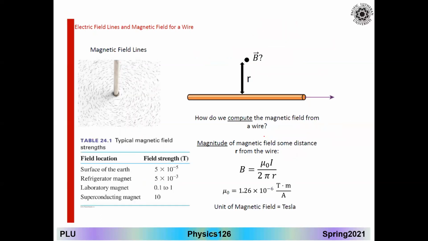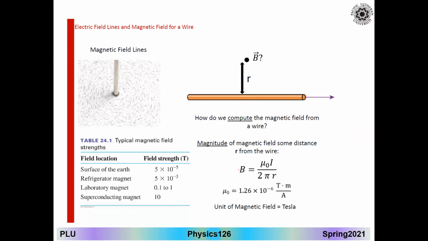Now, regarding what we have mentioned, the right hand rule is used to identify the magnetic field direction. To find the magnitude of the magnetic field, we have a certain formula, based on the distance from the wire or the current.